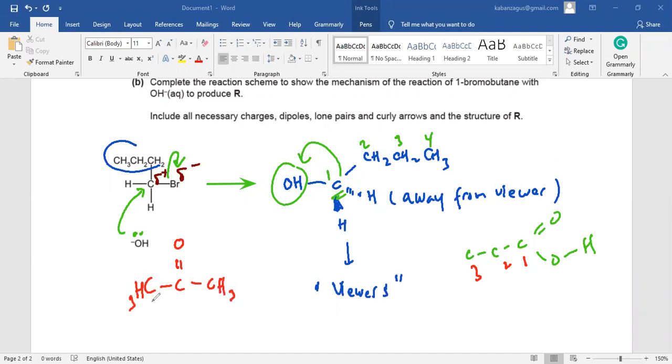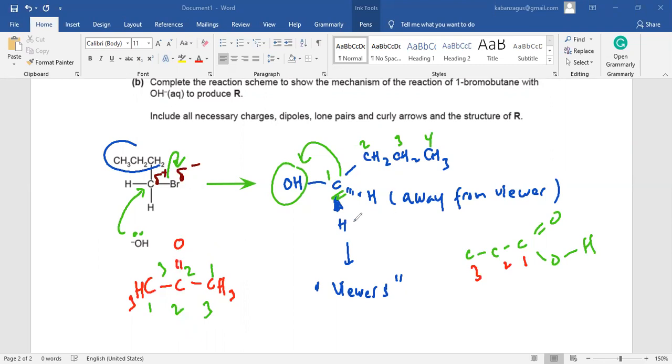This structure has symmetry, so 1, 2, 3, or 1, 2, 3 is no issue, because if we look from the right hand side or the left hand side, it will give you the same structure.